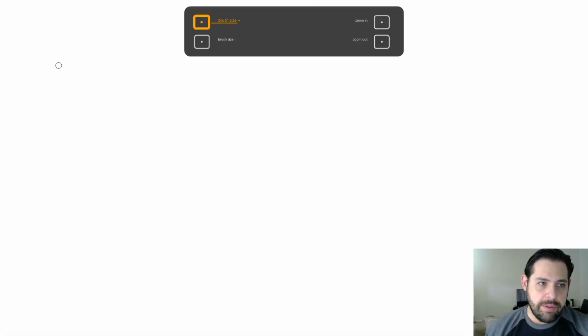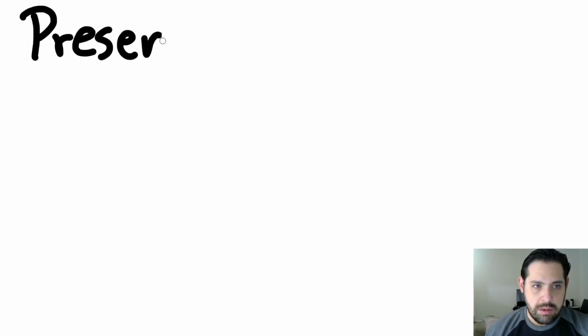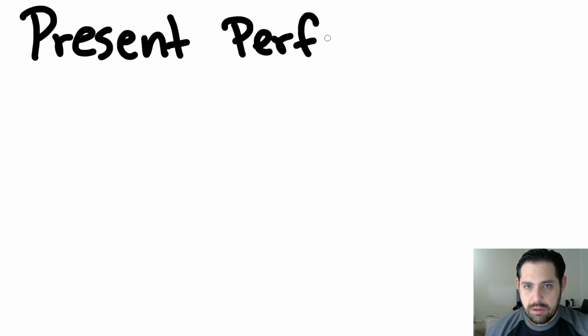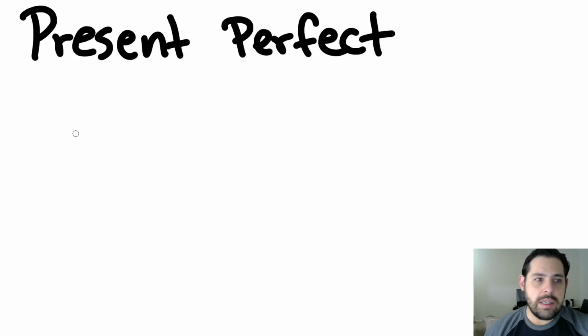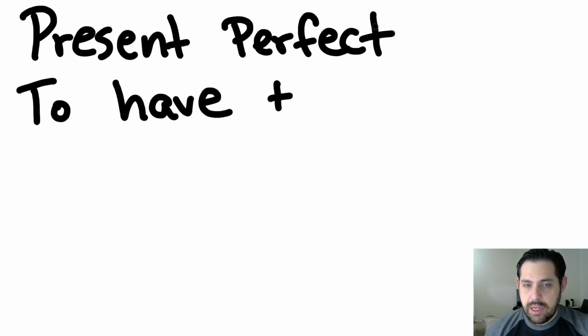The present perfect is formulated using the verb have, so to have, plus the past participle.